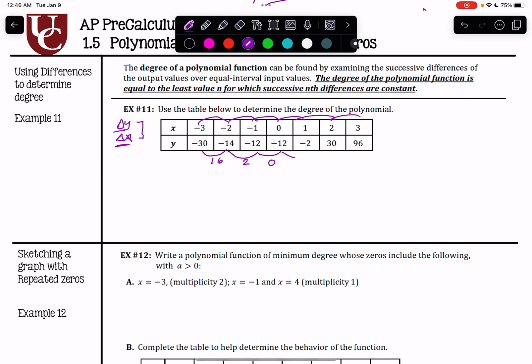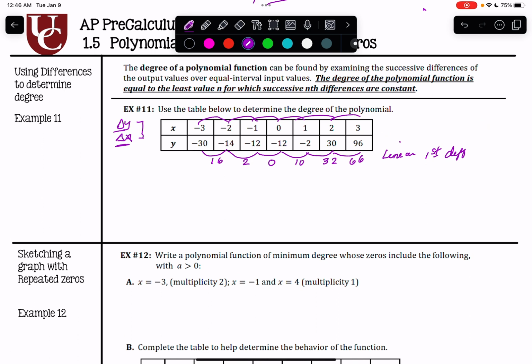And from 12 to negative 2, it's 10. Negative 2 to 30 is 32. And then 30 to 96 is 66. So definitely not linear. Okay, that's the first differences.